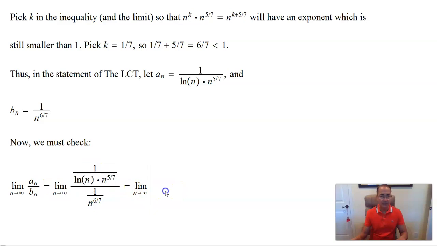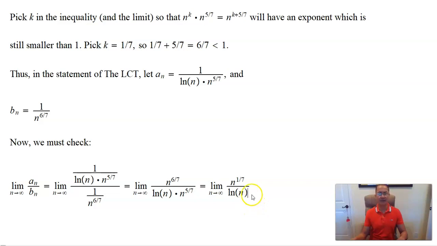The 1 over ln of n times n to the 5 over 7 stays in the denominator, but we flip the 1 over n to the 6 over 7 into the numerator. So we get n to the 6 over 7 over ln of n times n to the 5 over 7. But wait, there's more. 6 over 7, 5 over 7, we're dividing, so 6 minus 5 is 1. So there is our n to the 1 over 7 over ln of n.